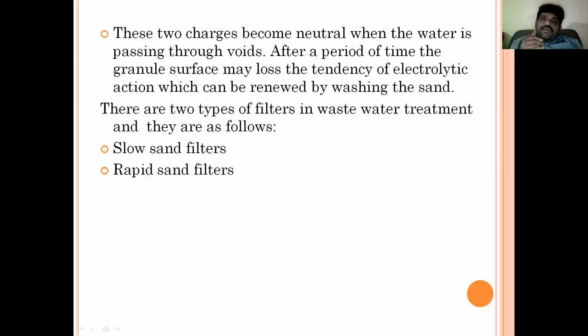By now you may have an idea that the filtering media in treatment works is nothing but sand. Of course, even the gravel and the small pebbles also act as a filtering media.